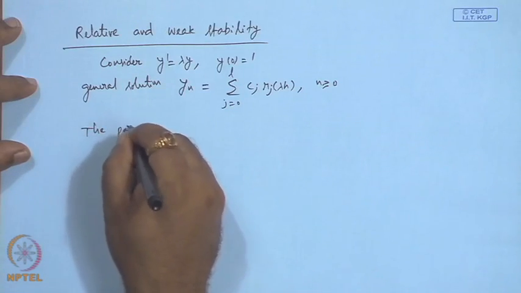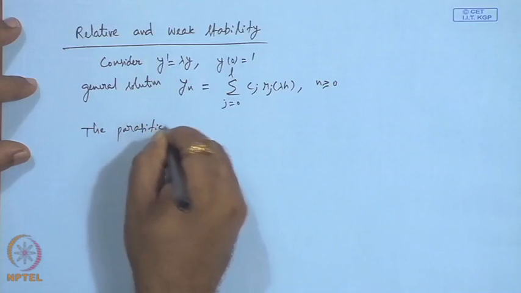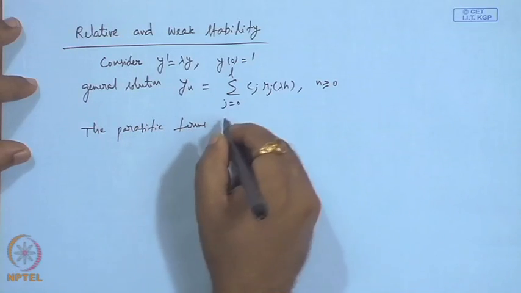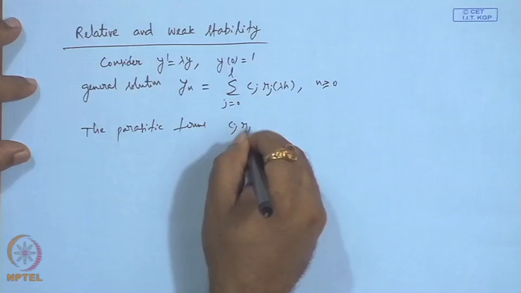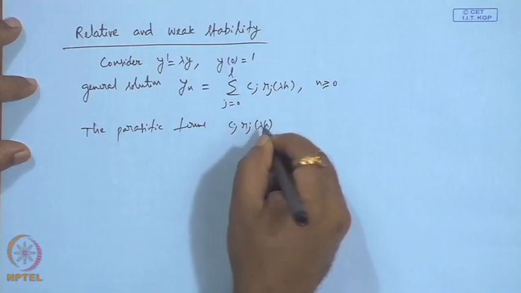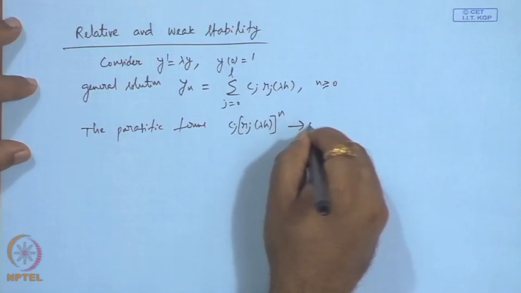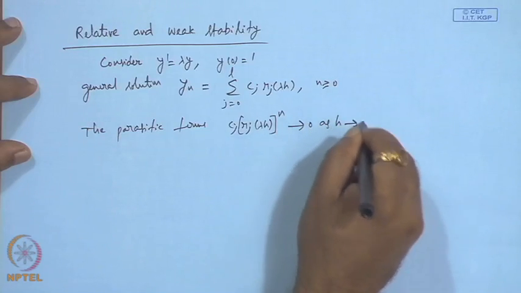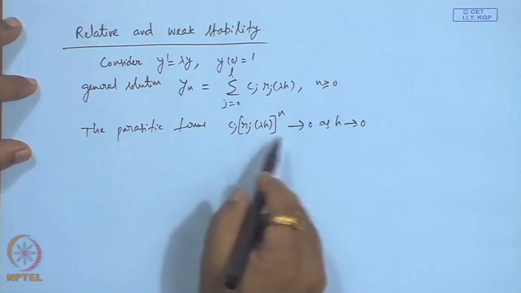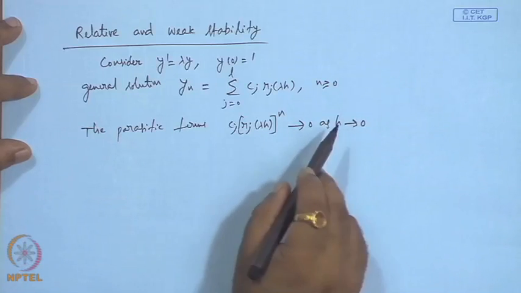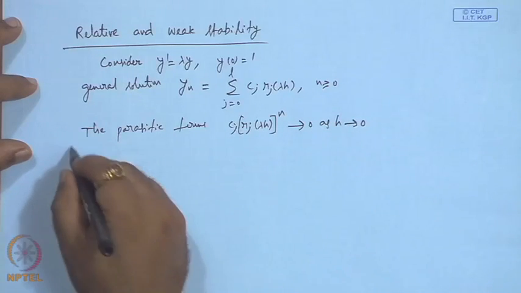The parasitic terms go to 0 as h goes to 0. Yeah, this is true, because as h goes to 0, the parasitic terms go to 0.